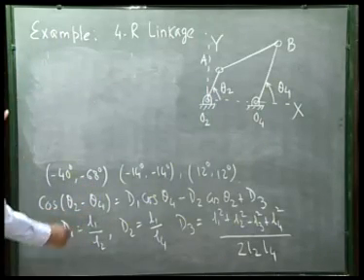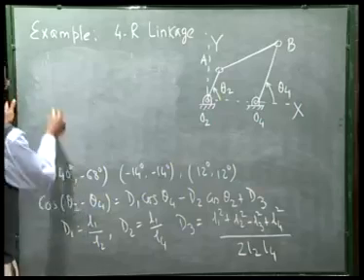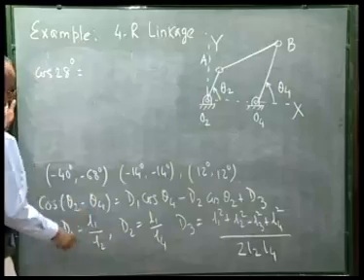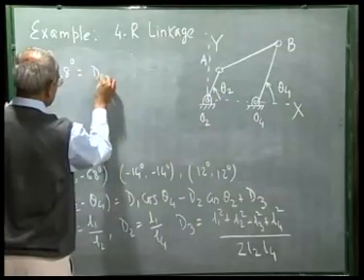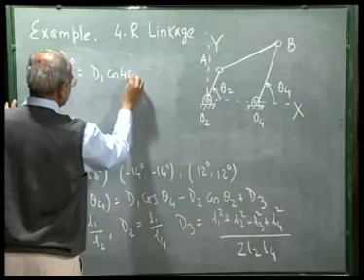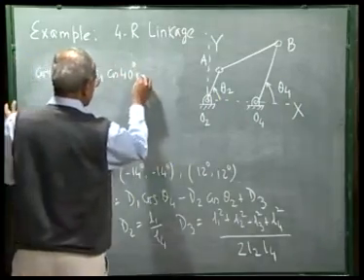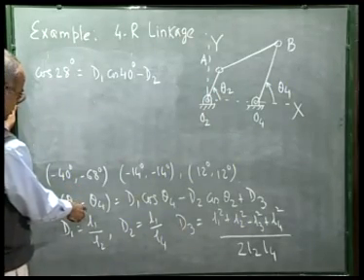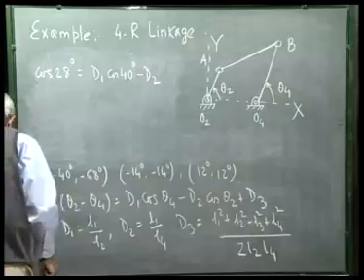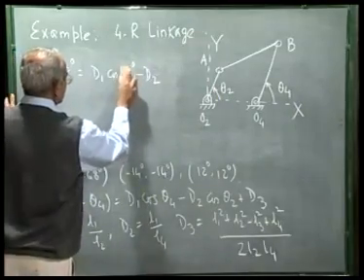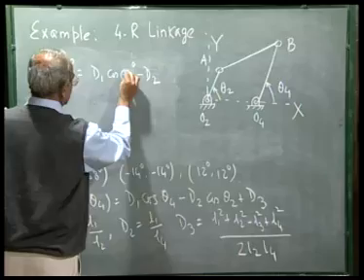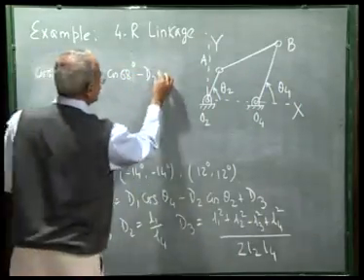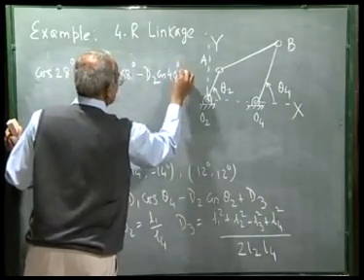What we get? Cosine of minus 40 minus minus 68, that is cosine 28 degree, is d1 cosine 68 degree minus d2 cosine theta 2, which is 40 degree, plus d3.